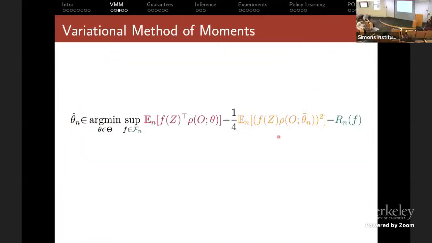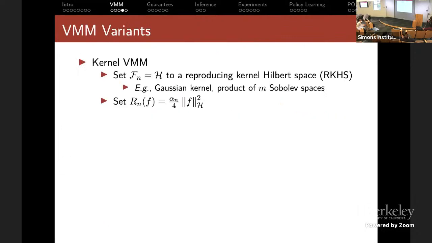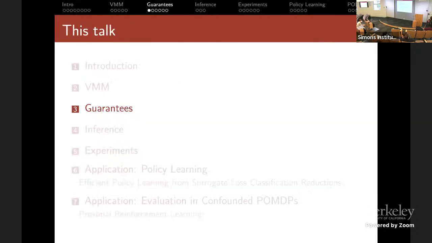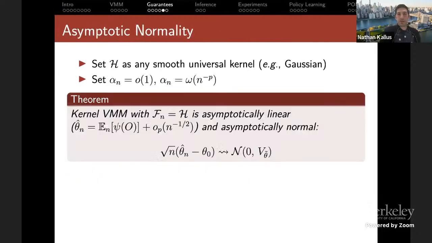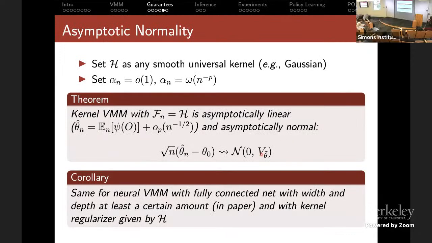I guess I was asking more where in your theorem is it reflected that if theta tilde is a bad choice, something will break. Okay, so it will affect your variance. It will depend on the p limit of theta tilde n, which is assumed to exist and to be equal to theta tilde.